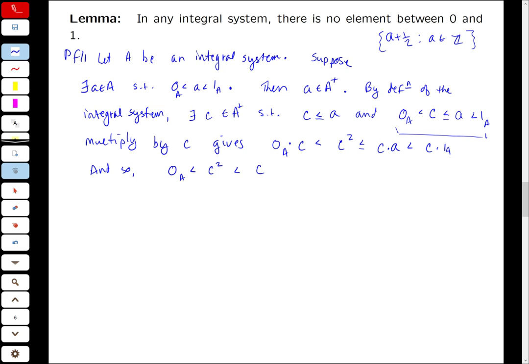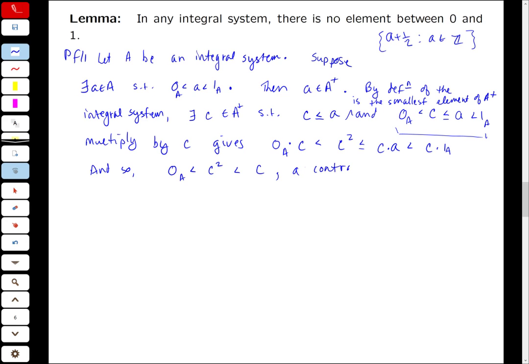But C was the smallest element. I should have put this up here, C is the smallest element of A plus. That's the argument I'm using. So this gives me a contradiction.